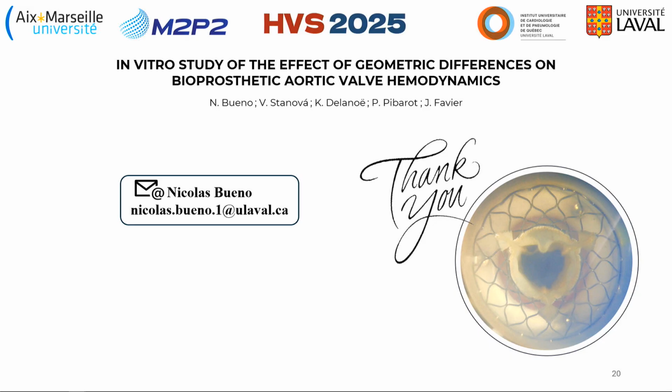Excellent presentation. So one question I just was trying to understand, that you use the silicone valves rather than using the commercially available valves. And what was the main purpose of doing the silicone?